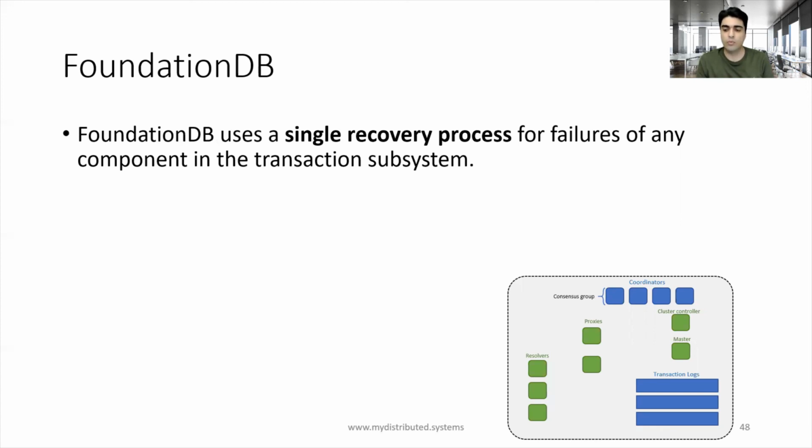And once the cluster controller sees that the master has terminated, the cluster controller picks a new master, and this recovery process starts. And whenever the cluster controller itself crashes, the consensus group picks a new cluster controller, then the cluster controller picks a new master. Again, the recovery process will kick in.